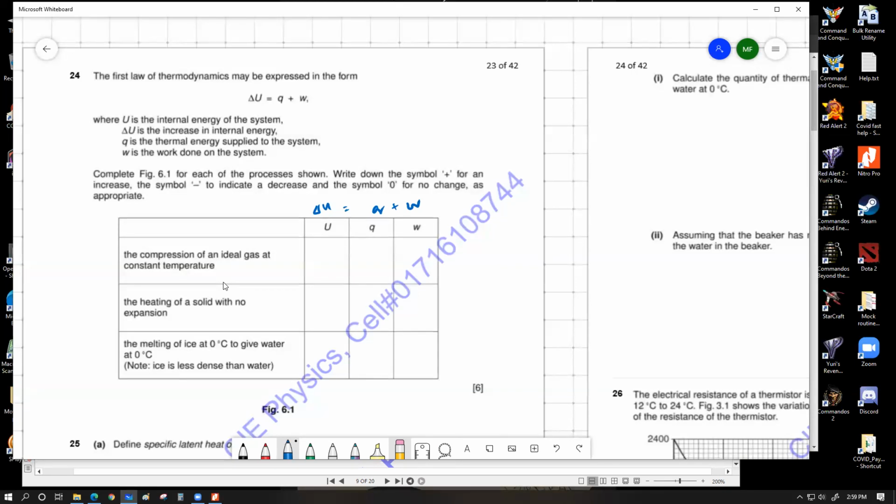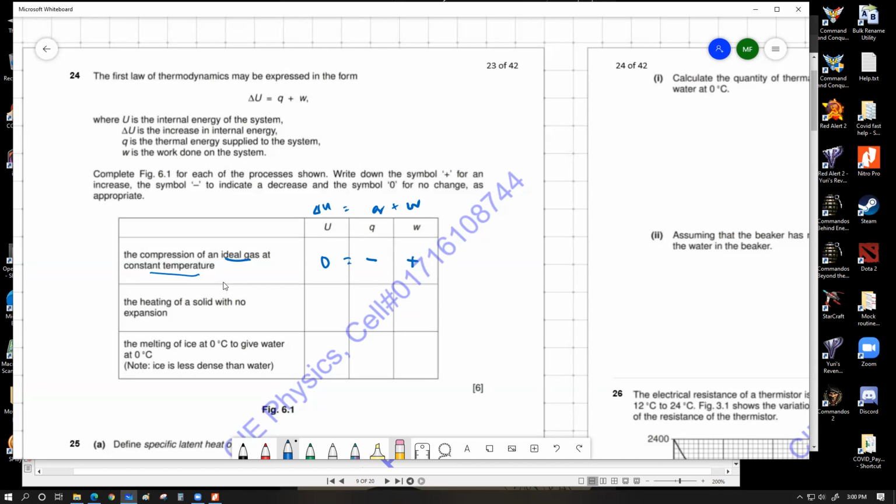If we are using an ideal gas maintained at a constant temperature, delta U should be 0, obviously. And because we are doing some compression, which means physical work is done, work will be done on the system, so W should be plus. And if this has to be 0, I mean 0 has to equal some increase compensated by some decrease, so that basically makes sense. This will be minus and plus.